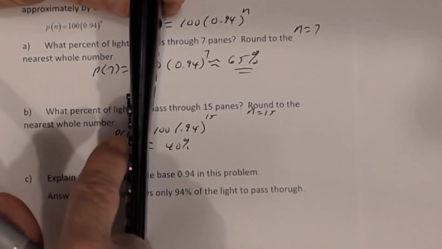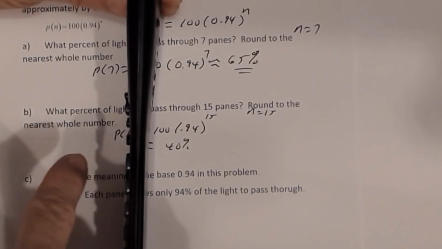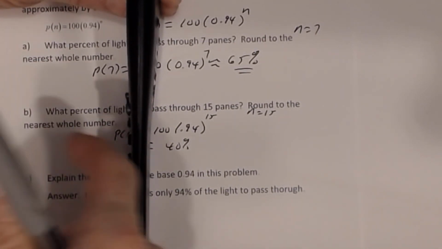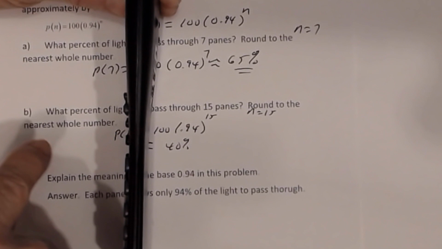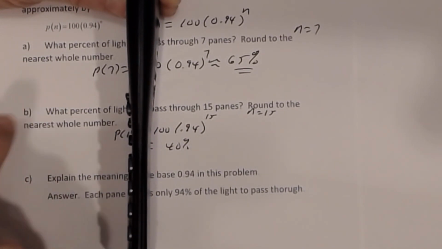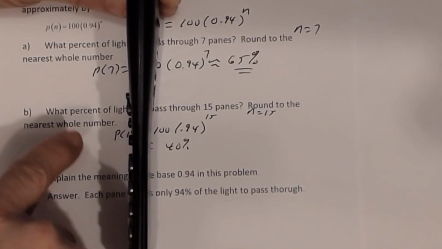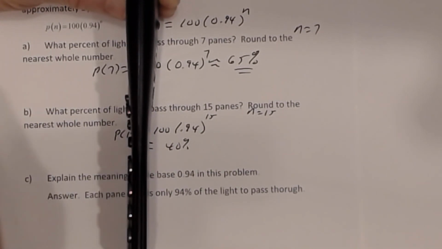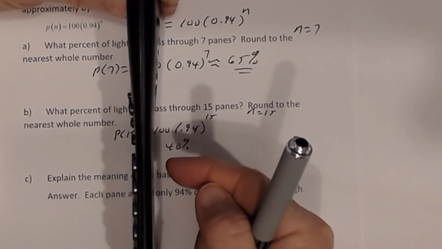Of that 94%, the next pane is going to block out 6% of that. So you're going to have a certain percentage come out of that. And then the next pane will block off 6% of what's going through it, and so on. So it's not 100 each time. It's 100 through the first one.